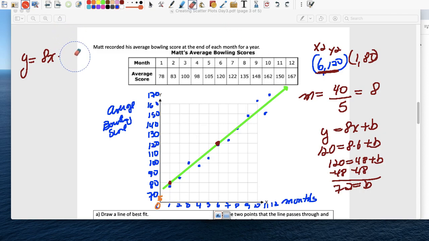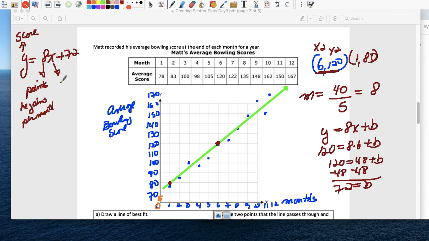And then we've got to explain what this means in the context of the story. So y is his score. 8 is the number of points he gains per month, right? So every month that he plays, he gets better by 8 points.